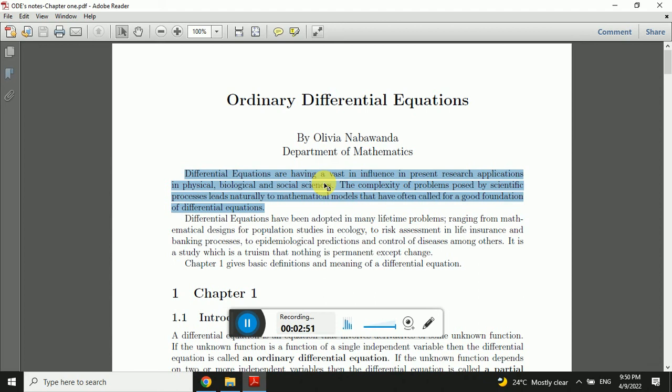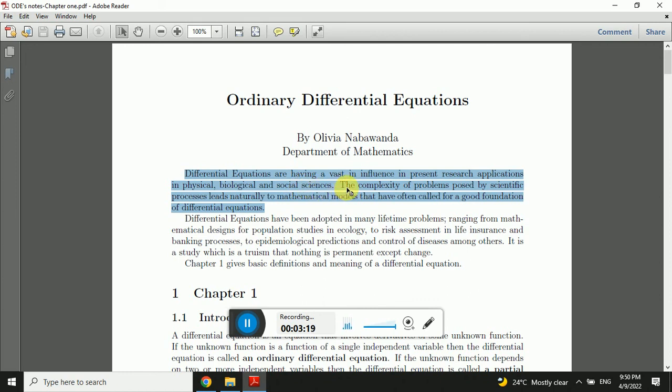So you can see how important differential equations are. They are saying here that you can find them in the physical sciences, for example, in physics and mathematics. Then in biological sciences, it's biology, and social sciences. These are now the arts-related areas.